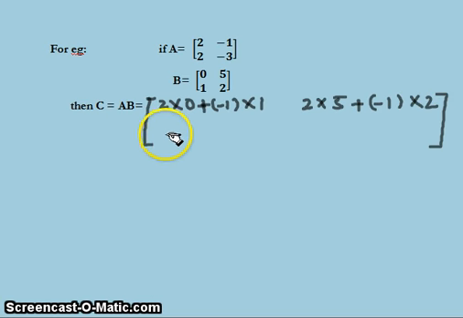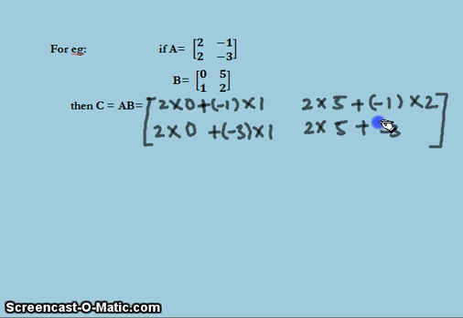The second row first element can be written as 2 into 0 plus minus 3 into 1, and the second row second element can be written as 2 into 5 plus minus 3 into 2.